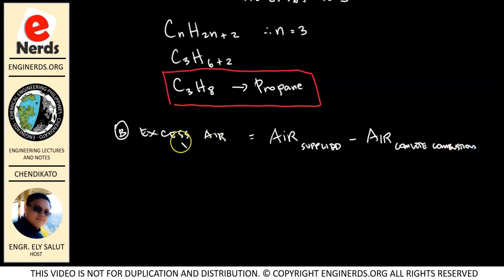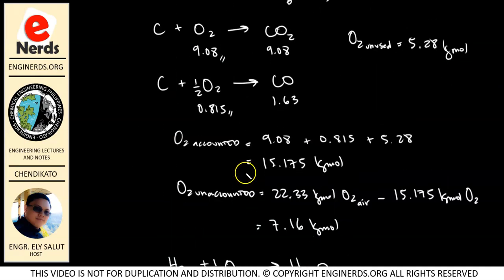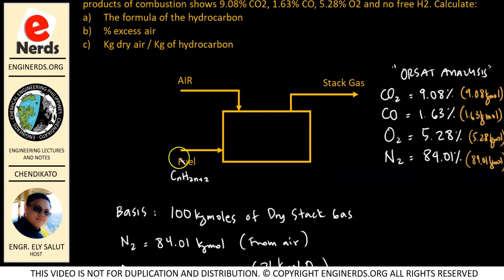Diba? Yan natin makukuha yung excess air natin. Now, excess O2 is O2 supplied minus O2 used in complete combustion, if we're going to assume that all of the combustible materials in our fuel has undergone complete combustion.